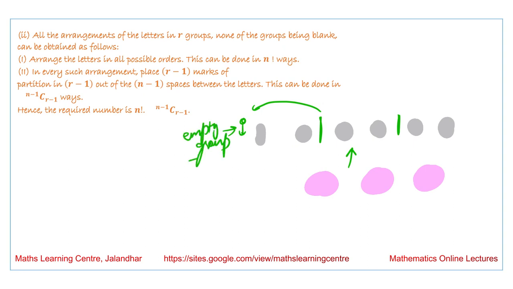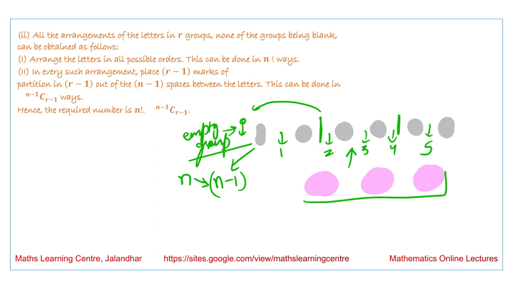So the number of positions we have is 1, 2, 3, 4 and 5. So if we have n objects, the number of positions to mark these points is n minus 1, and the number of points we have is r minus 1.